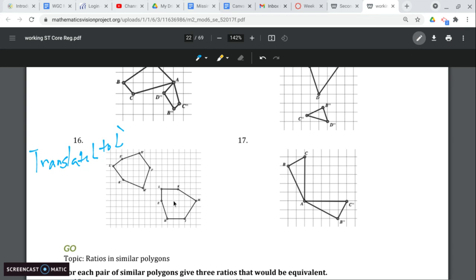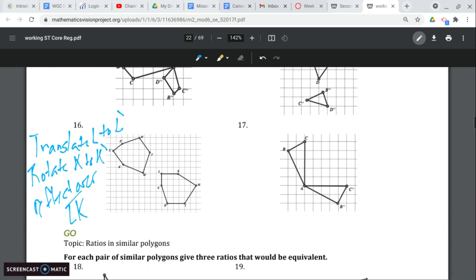So that way it rotates around, because obviously this is very much rotated. So rotate K to K prime. And then last but not least, we're going to have to reflect it. So reflect over LK. So those are a sequence of steps.